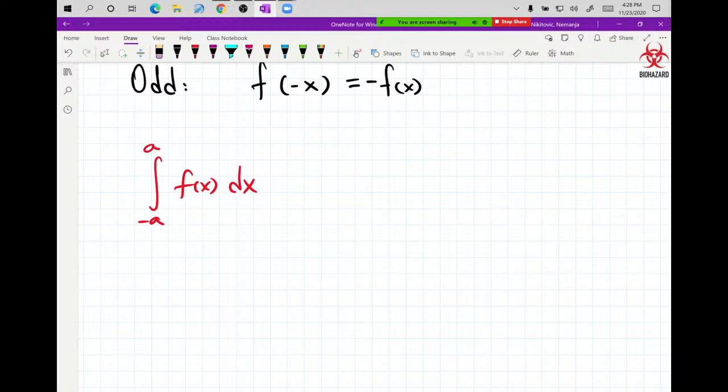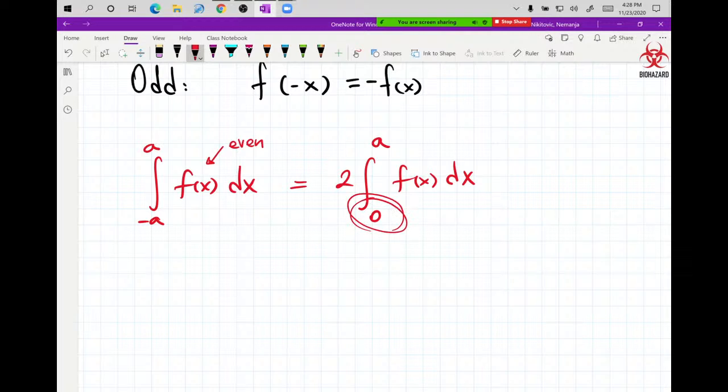And if f is an even function, then you can instead compute 0 to a of f of x dx. So you are actually eliminating calculating at negative a in favor of multiplying the entire integral by 2. And that's really cool.